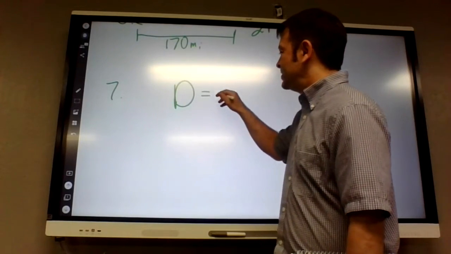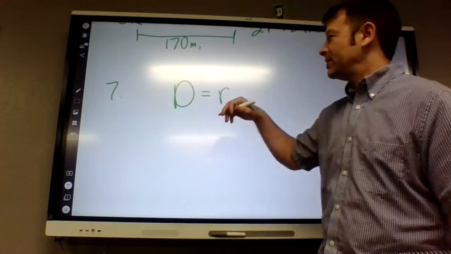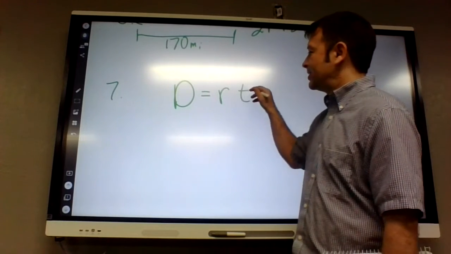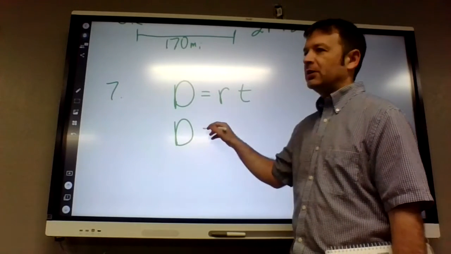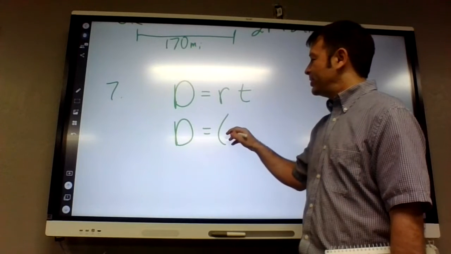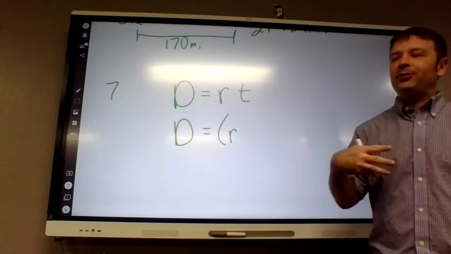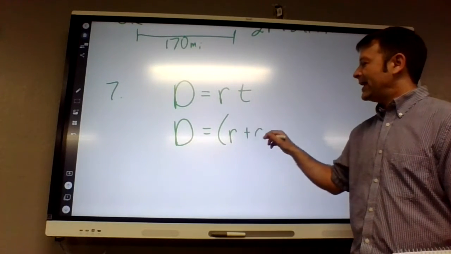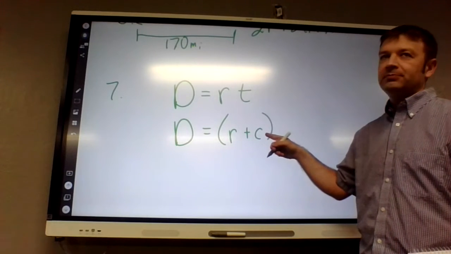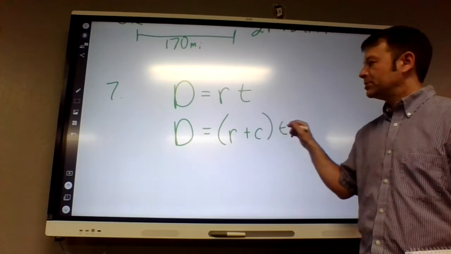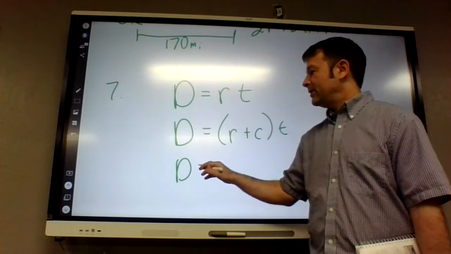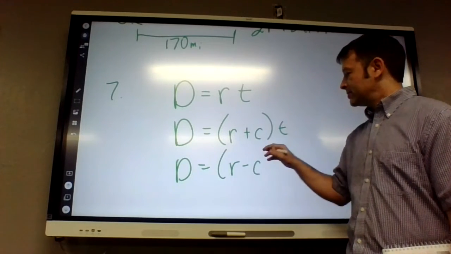Wind current is the same thing. Instead of distance equals rate times time, I think we did a wind current. If you're going with the wind or with the water current, that's gonna add to the speed of your boat. But going against the current, you subtract, and it's gonna slow you down.